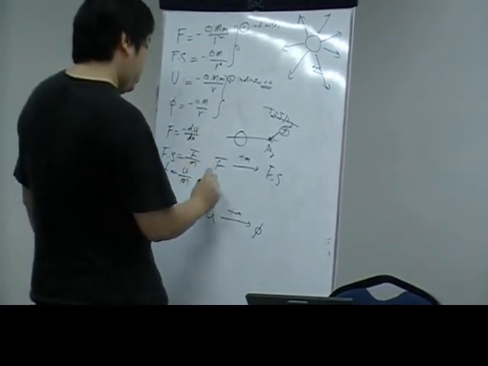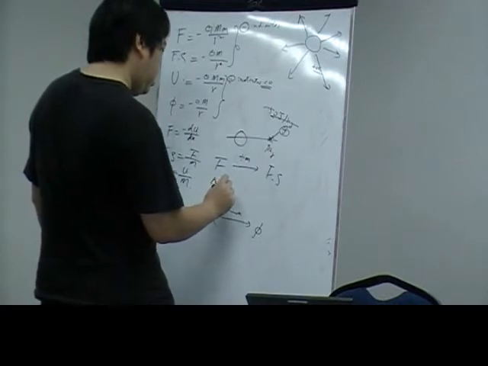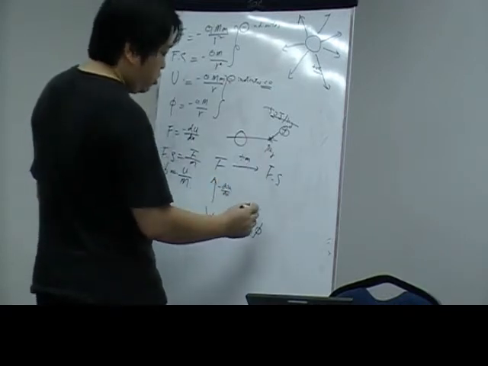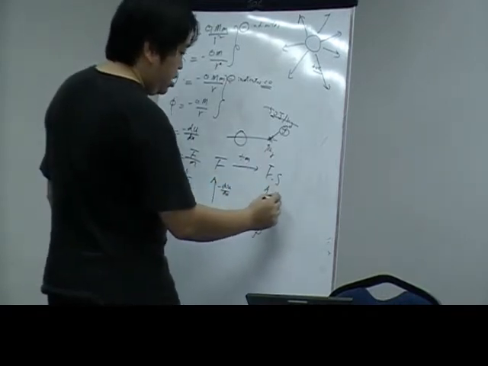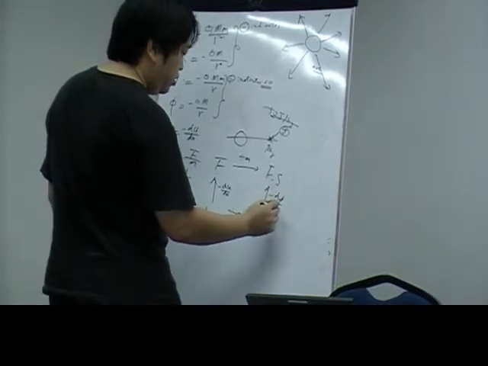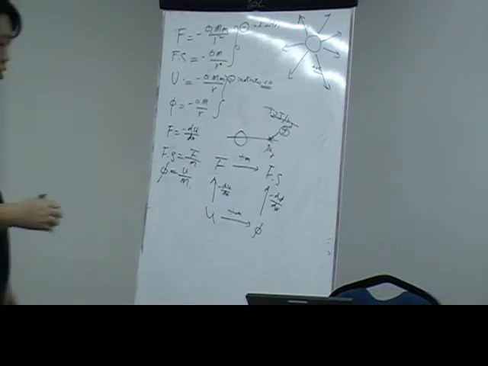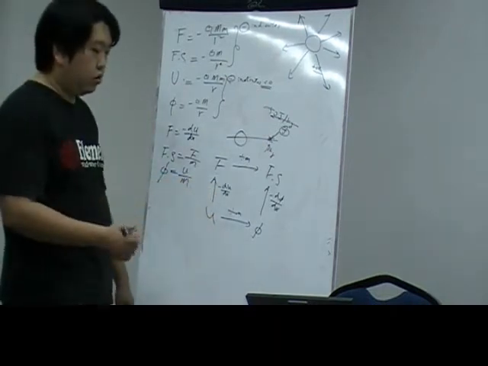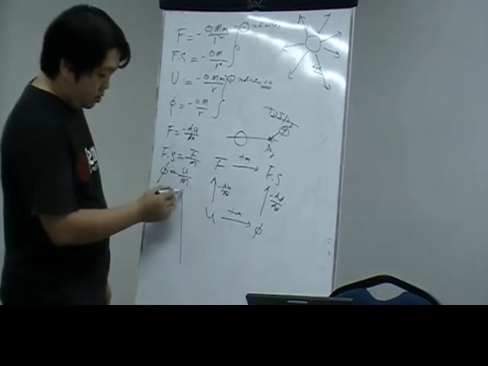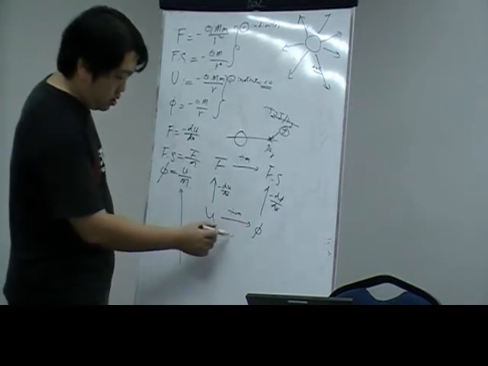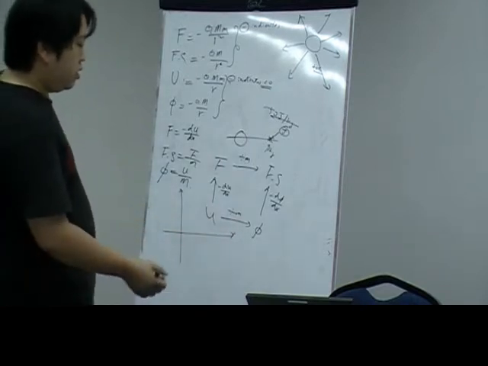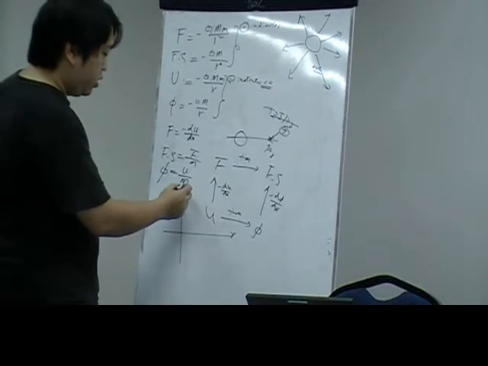Differentiate the U: minus dU/dx is the force. So minus d of potential/dx is field strength. Why is it minus? Because the U graph is in this way.